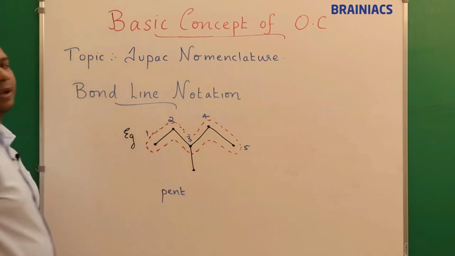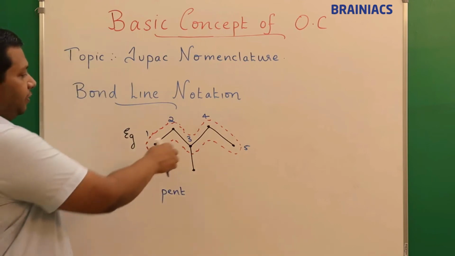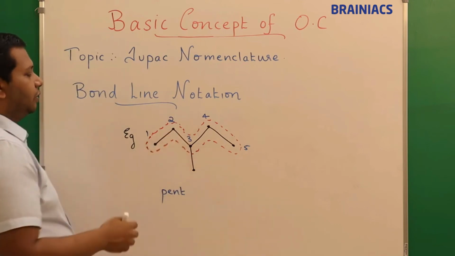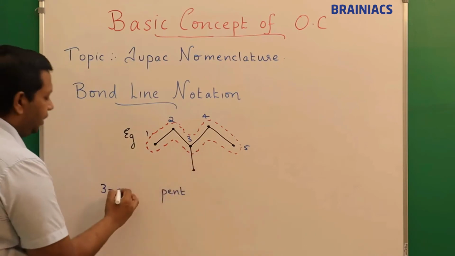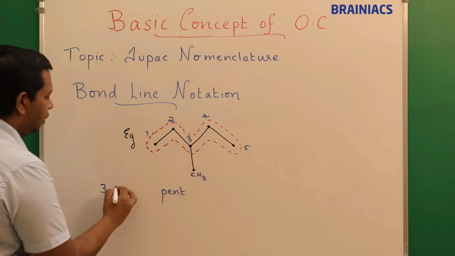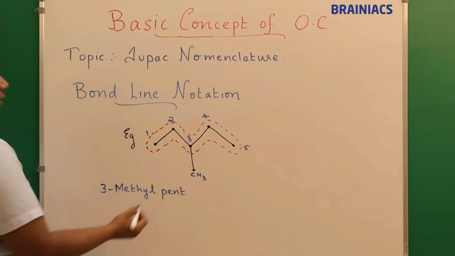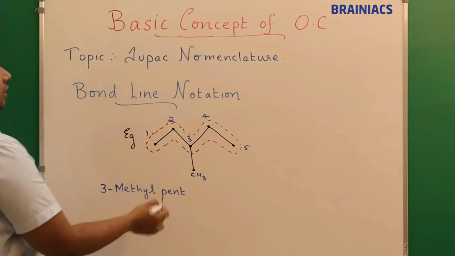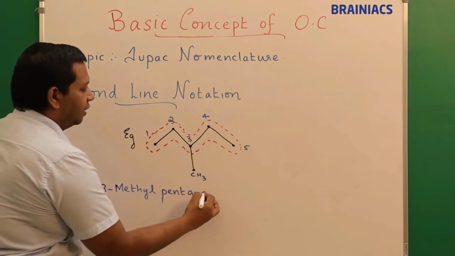Correct? There is no primary suffix, no primary prefix, and the secondary prefix is the substituent at third position. So I can start with 3-methyl, because this is CH3. Now the word root is pent, and all these are linked through single bonds, so it should be pentane.